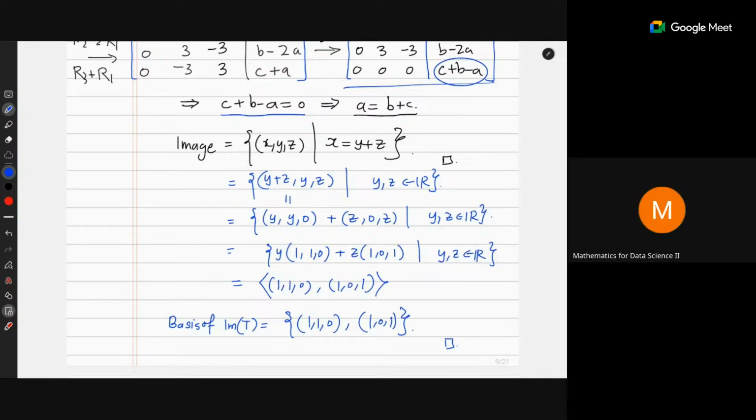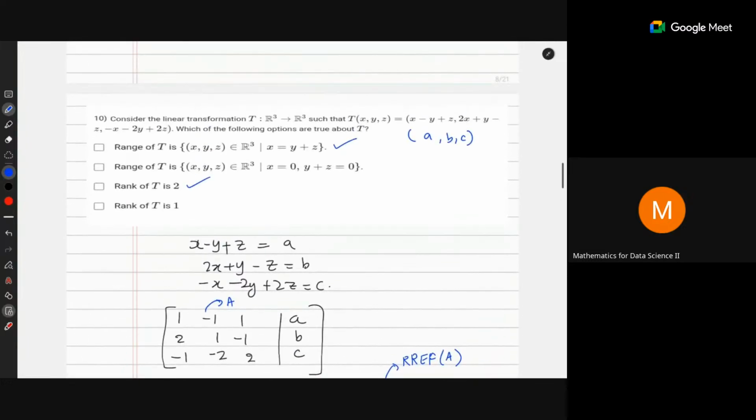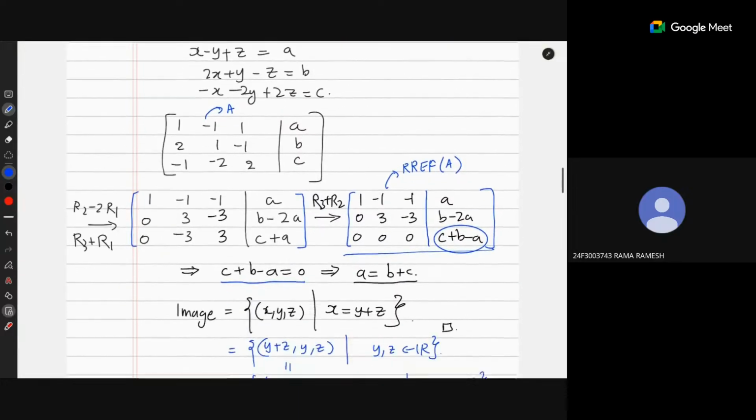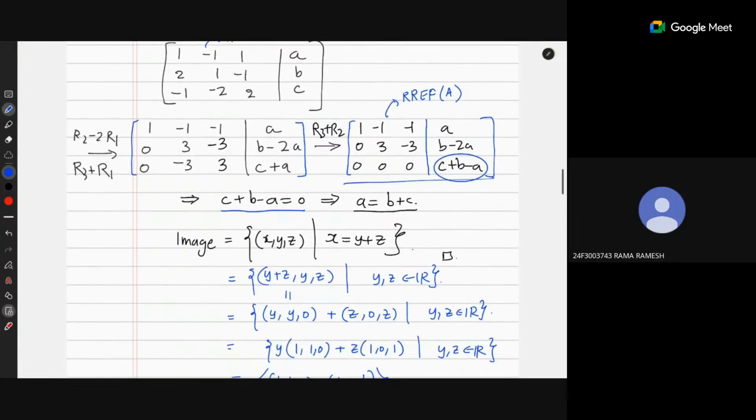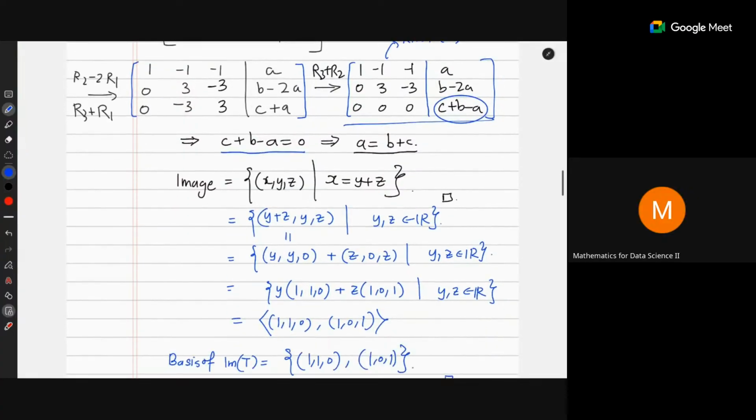The image will lie on... if you take from the pivot columns, 1 0 0, minus 1 1 0. Is it not the pivot?